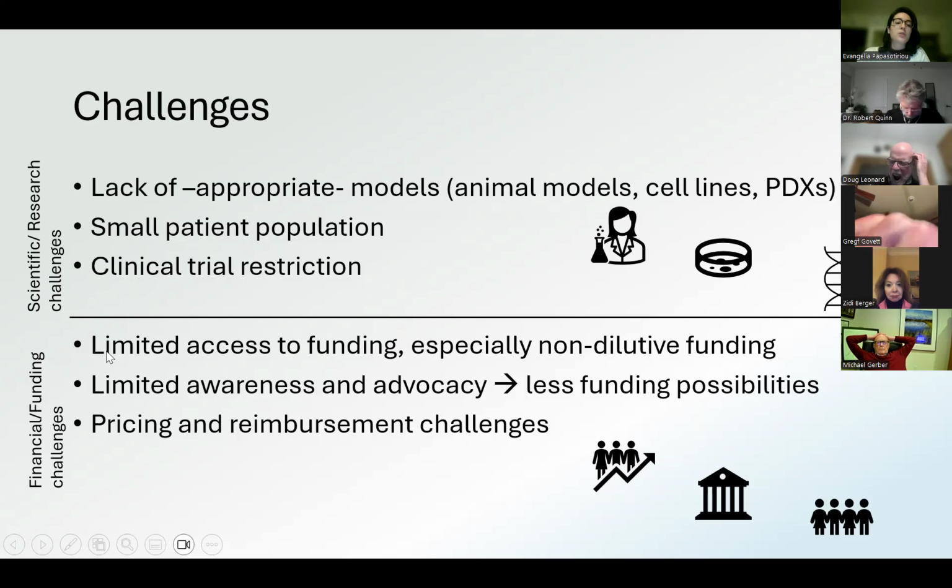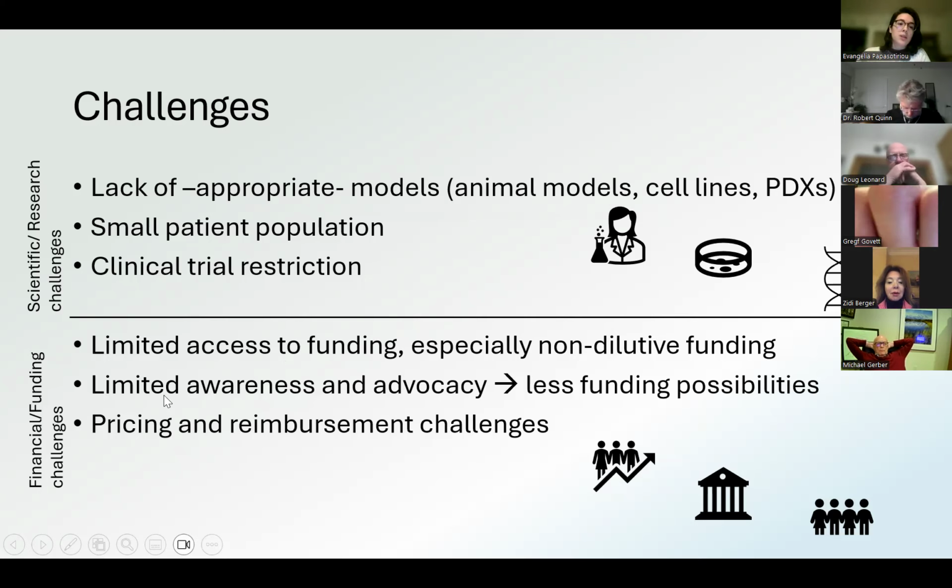And for the financial funding part, we have limited access to funding, especially non-dilutive funding, just like grants or crowdfunding. For example, crowdfunding is affected by the limited awareness and advocacy for this kind of disease, meaning that you have fewer funding possibilities.